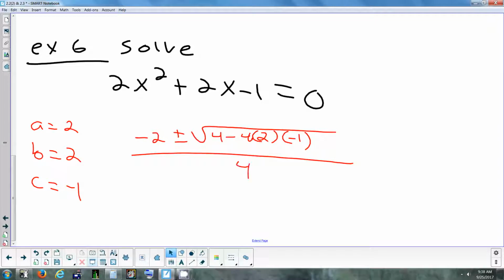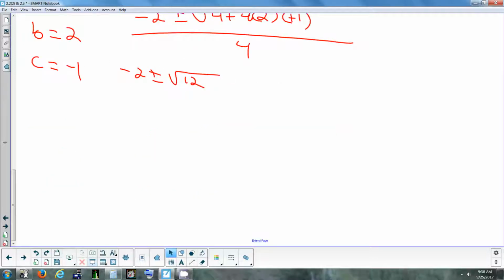Yep. Perfect. Now, he said 4, and I have a minus, so I'm going to cancel that out right away and make it a plus. And Gracie, what's 4 times 2 times 1? 12.